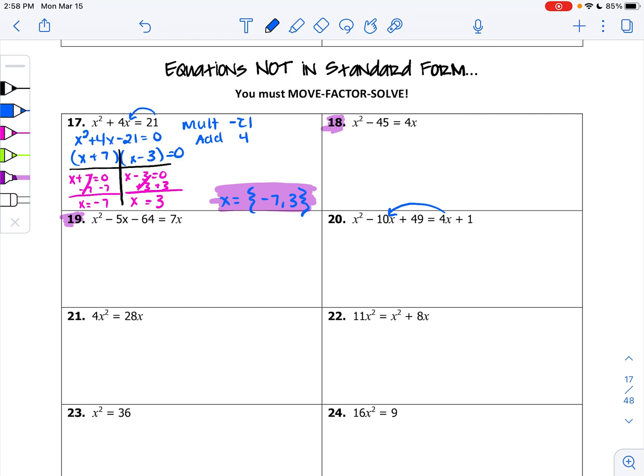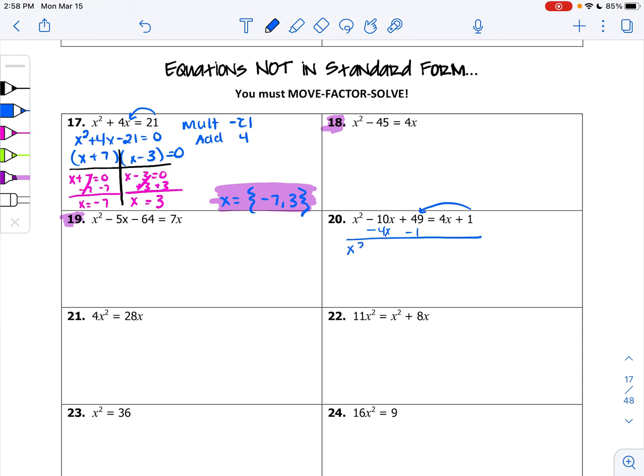When we move that 4x over, we're doing the opposite, so we're subtracting 4x. And we would do the same thing with the 1. When I move it over, there's another constant on the other side it can be combined with, so I'm going to subtract 1 from there.